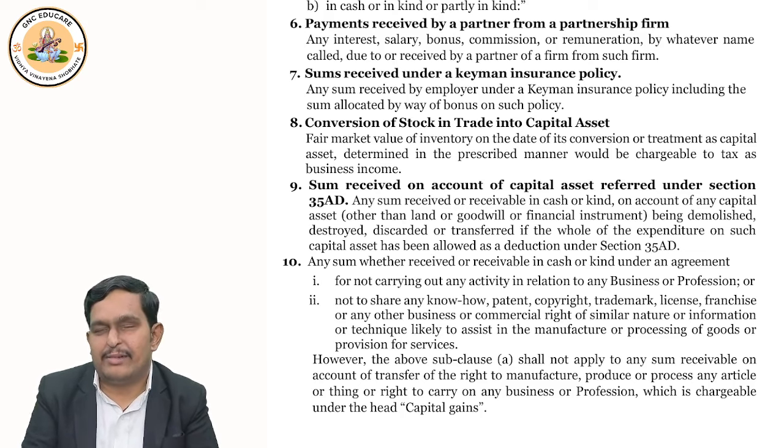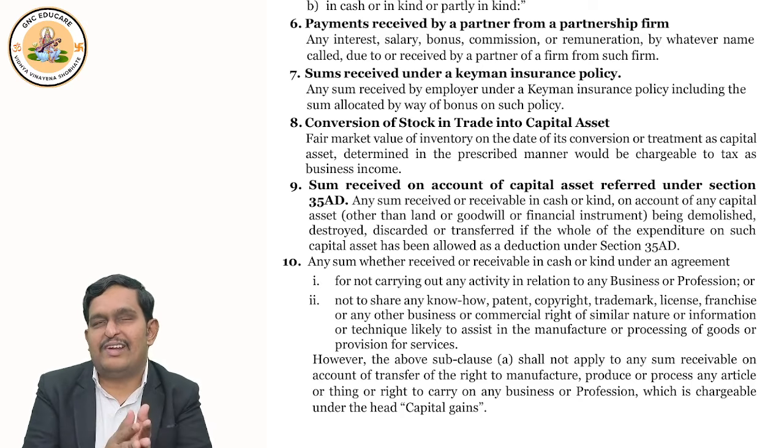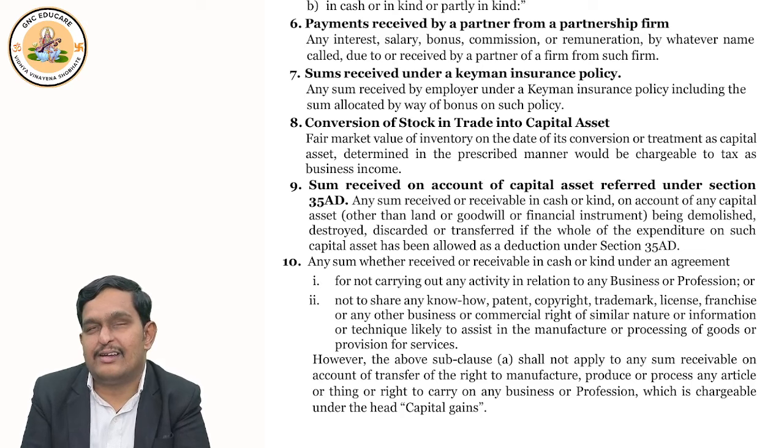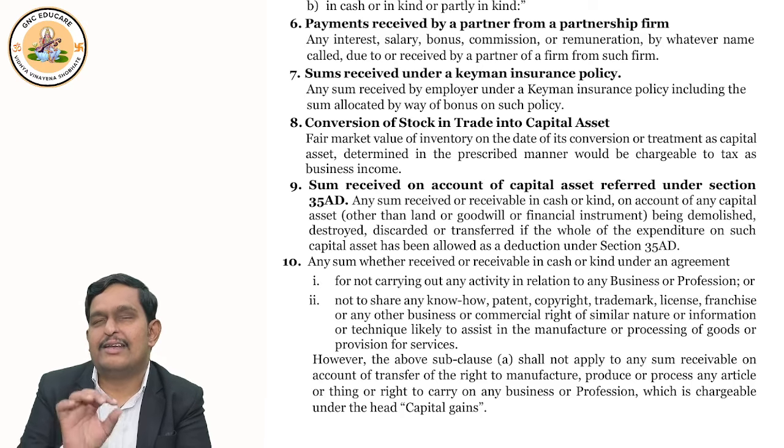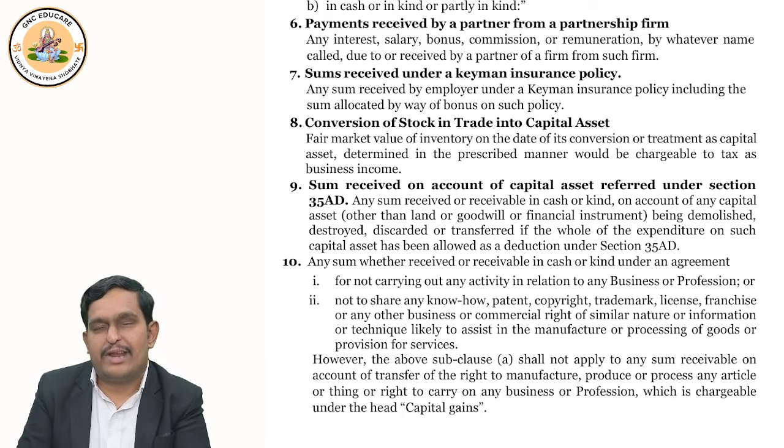For that, I am getting some compensation. That's taxed under PGBP. But if I am transferring the right to manufacture, when I get the compensation, it is taxed under capital gains. So if I am transferring the right to manufacture, it is taxed under capital gains. This you remember, that's it.